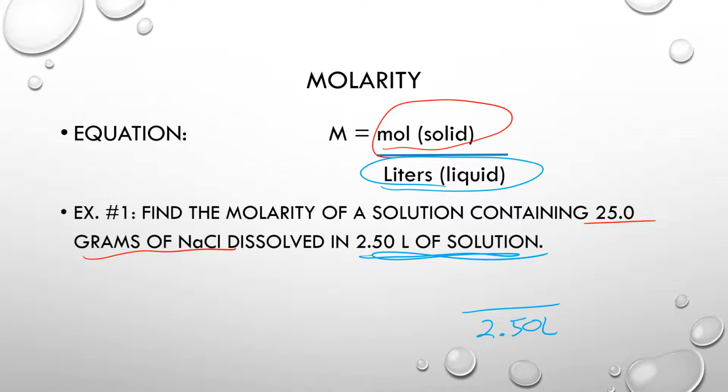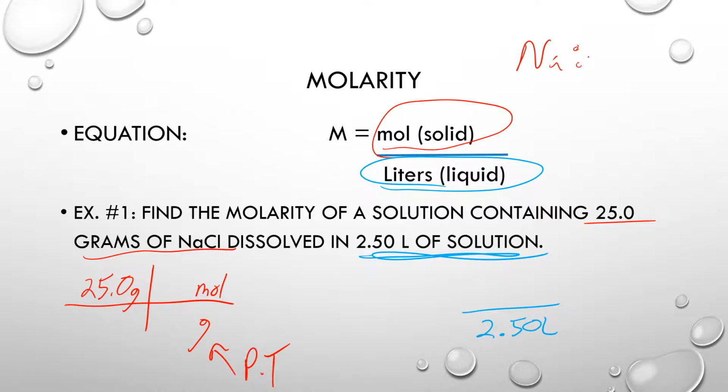So what we need now is the moles, and we were given grams. And by now, I really hope you understand that to turn 25 grams into moles, you need the periodic table. We're going to get sodium from the periodic table, which has a mass of 23, and chlorine, which has a mass of 35.5.